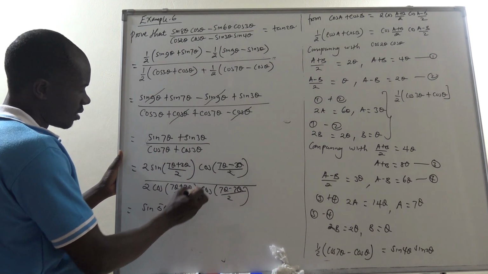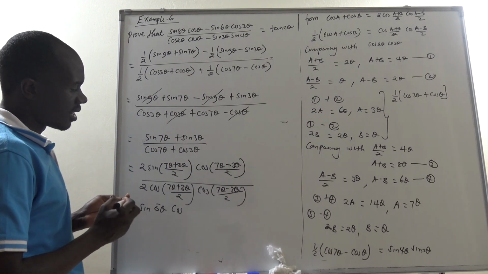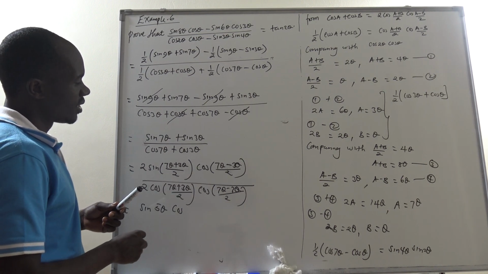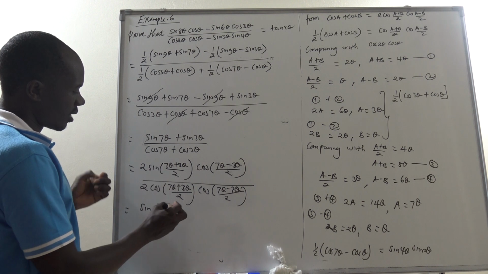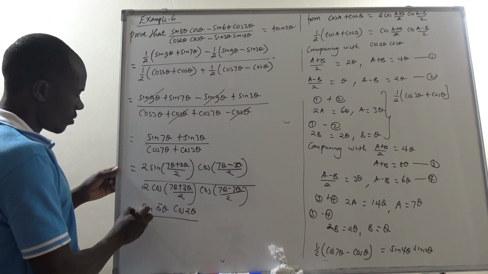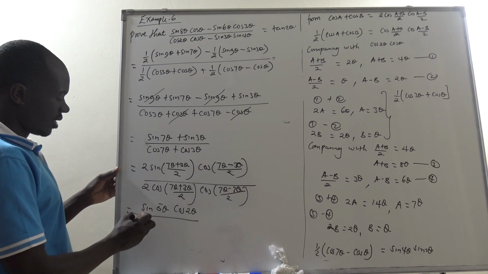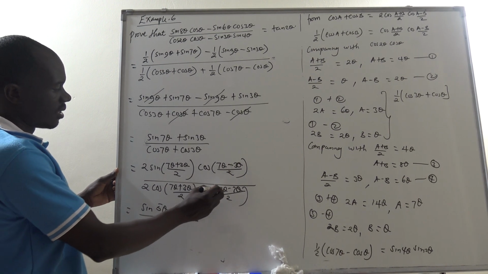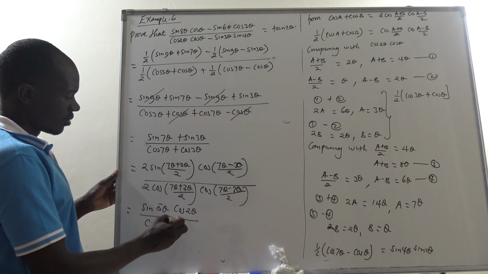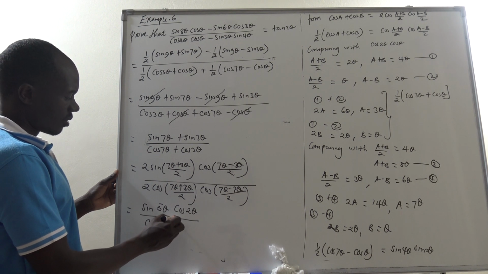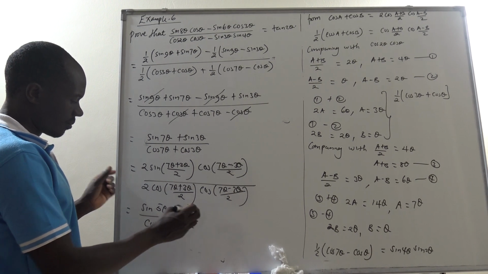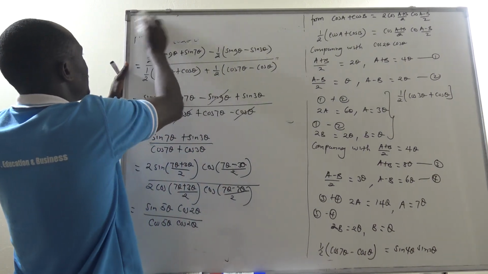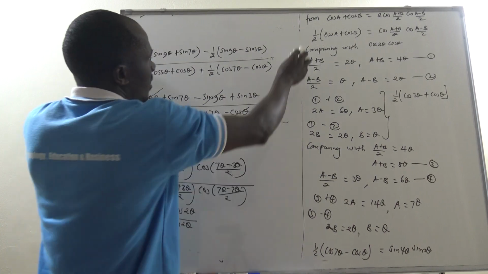Cos of 7 theta minus 3 theta, we are coming out with 4 theta divided by 2, we are getting 2 theta, all over this plus this. We are coming out with cos 5 theta. This minus this, we are also coming out with cos 2 theta. So let's write it in front there as we proceed with it.